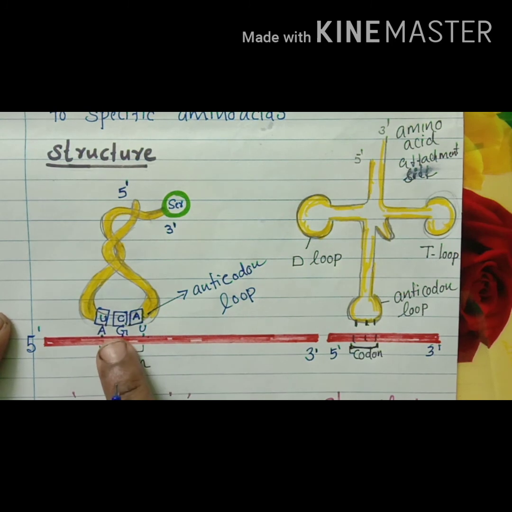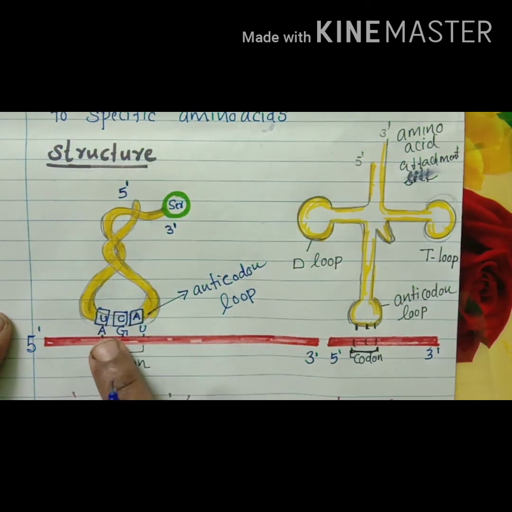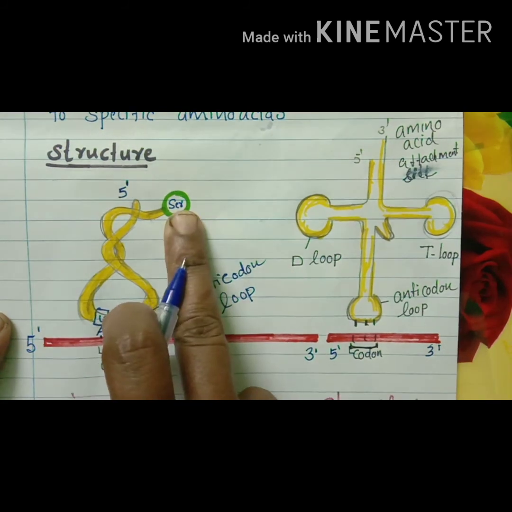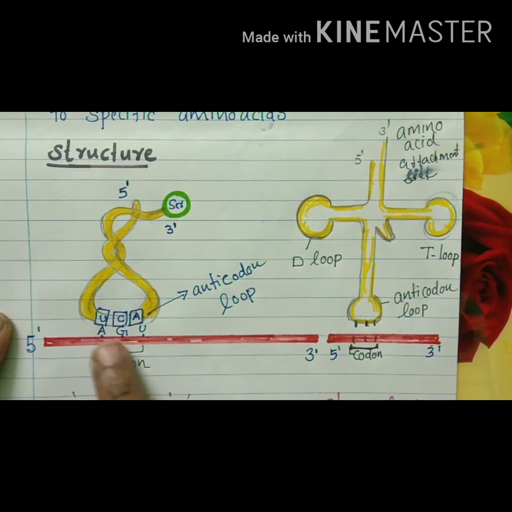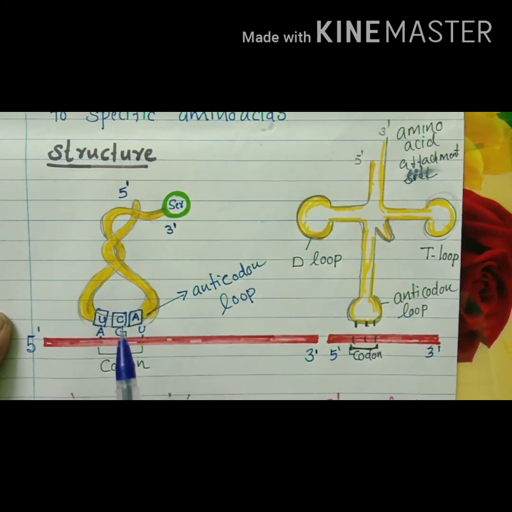So based on the codons, tRNA will bring the amino acid. When you observe the genetic code, AGU is coding for which amino acid? Serine. So AGU is identified by the particular tRNA with the anticodon UCA. So the anticodon should be complementary to the codon.